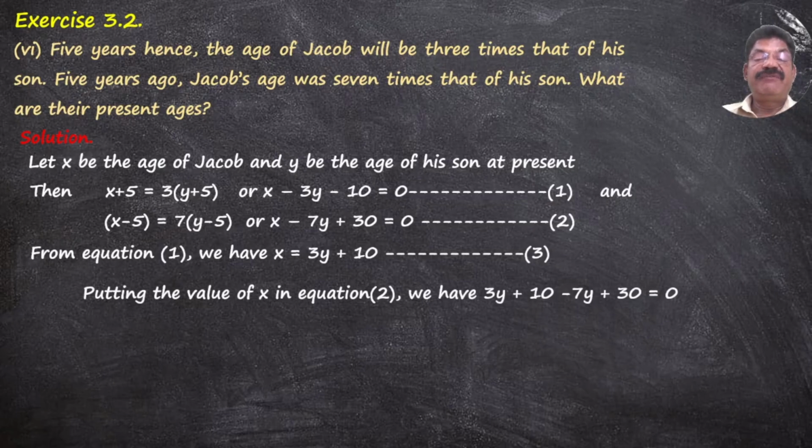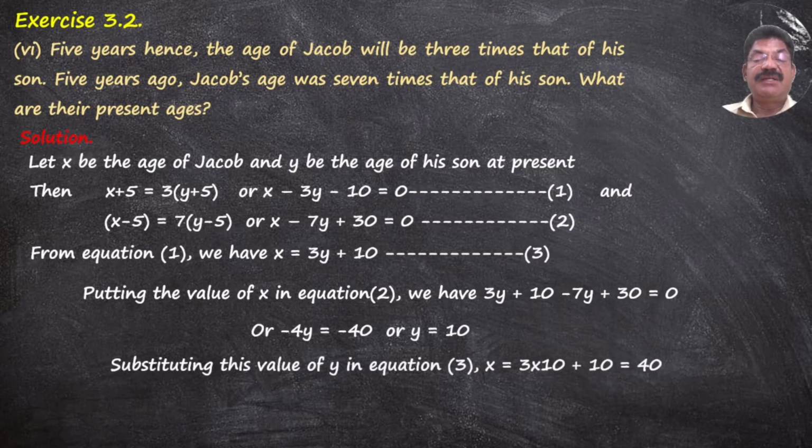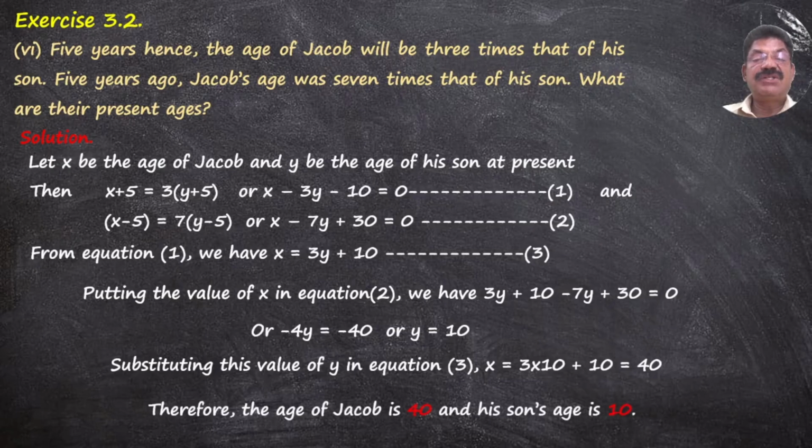Substituting this value of x in equation 2, we get 3y plus 10 minus 7y plus 30 is equal to 0. After simplification, we get y is equal to 10. Substituting this value of y in equation 3, we get x is equal to 40. Therefore, the age of Jacob is 40 and his son's age is 10. So, these are their present ages.